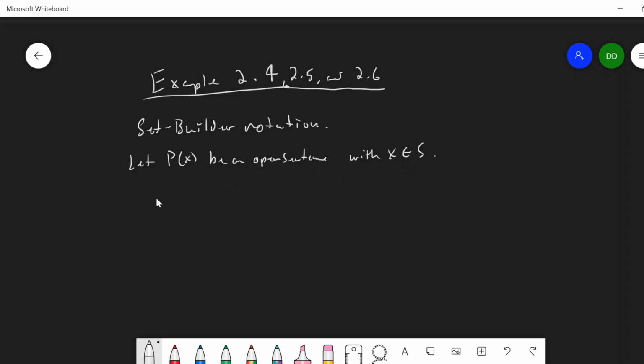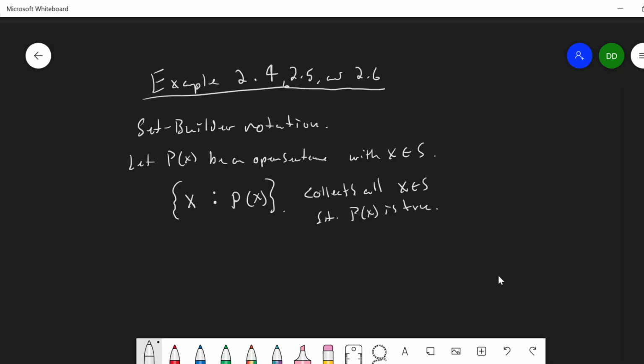We write that as follows. We say it's the set of all x, we could say x in S if it's not clear, but here it's clear. So it's the set of all x such that P of x. This collects all x in S such that P of x is true.